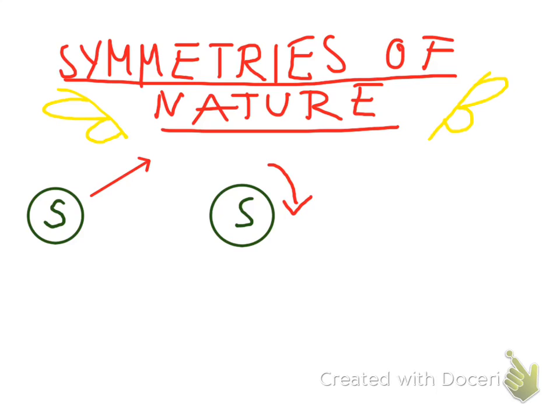If I rotate the whole thing, these relative positions of the particles will be the same. So therefore the physics will be the same. I want my theory to predict the same things if I simulated a rotation globally.